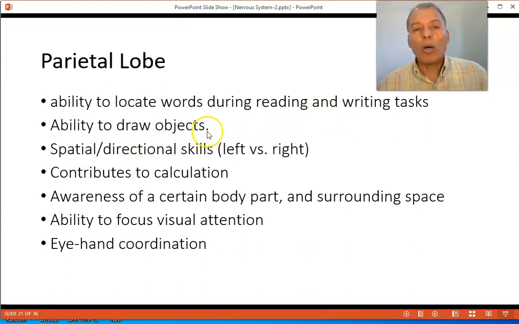Ability to draw objects, because it has spatial processing abilities, and it helps you with processing directions in space, like driving and reversing directions, being aware of certain body parts, and also surrounding space.